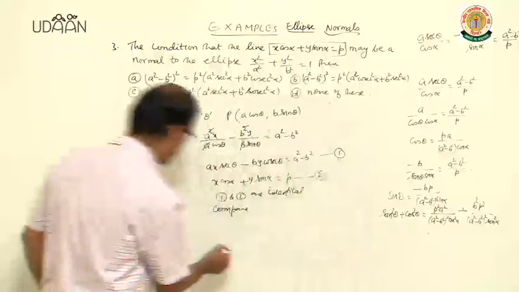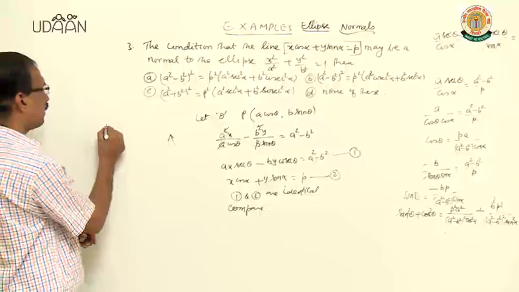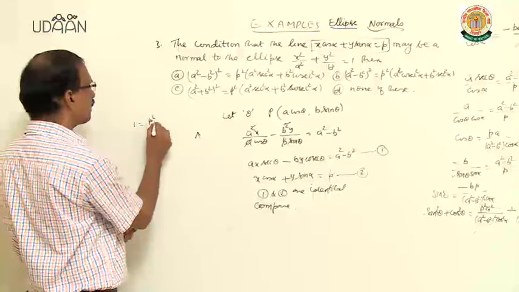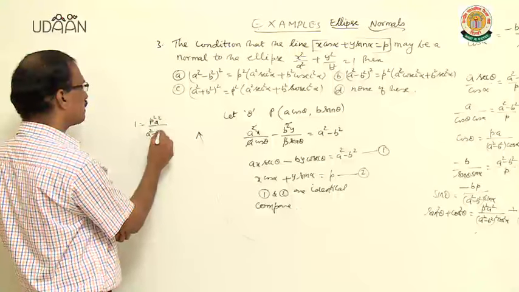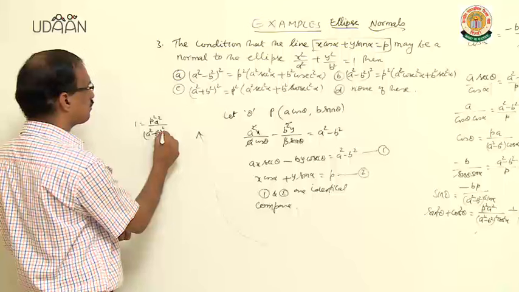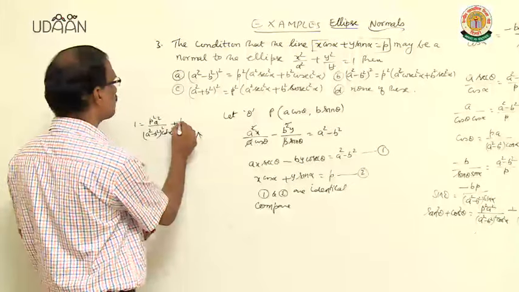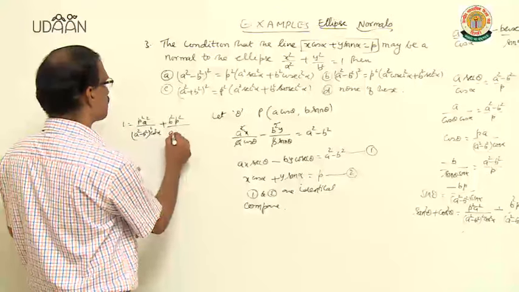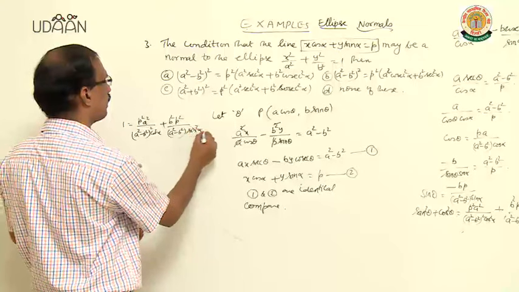Now we get this one equals, on that side what do we have? p square a square upon a square minus b square the whole square into cos squared alpha plus b square p square upon a square minus b square the whole square into sin squared alpha. Okay.